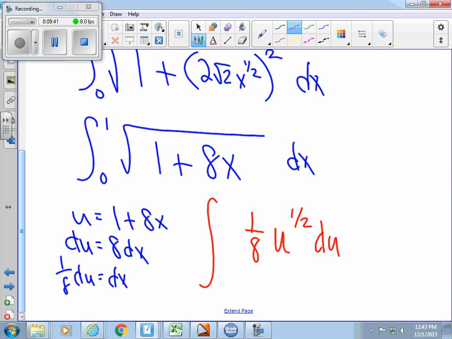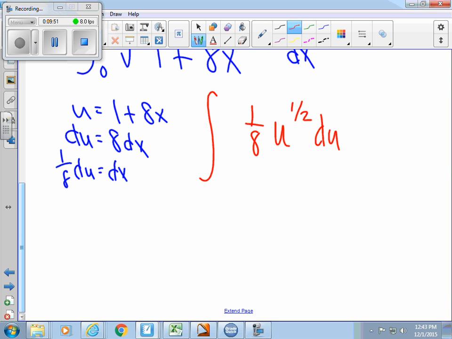What would my limits be? With substitution on a definite integral, make sure you change the limits as well, or leave them blank.